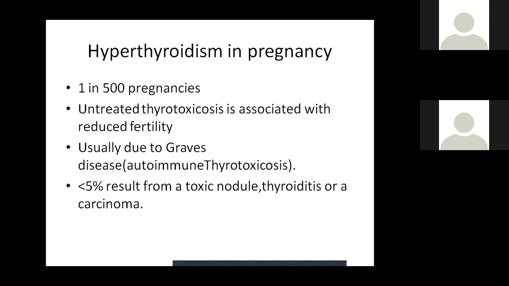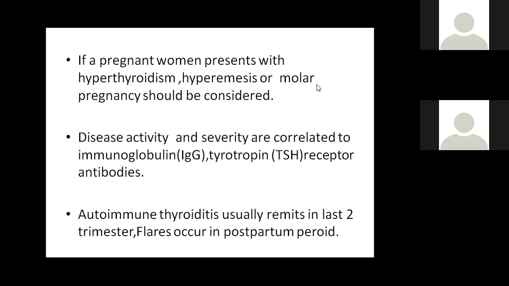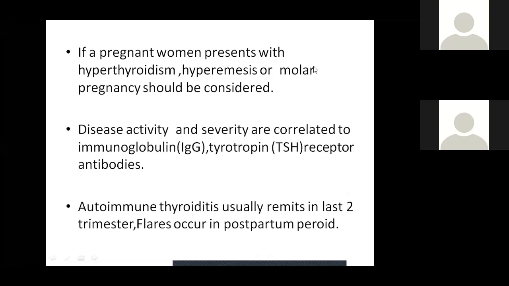Usually, the autoimmune thyrotoxicosis is Graves' disease, and less than 5% results from the toxic nodule or thyroiditis or carcinoma. If a pregnant woman presents with hyperthyroidism, as we all know, the alpha subunit of beta hCG and TSH is the same.